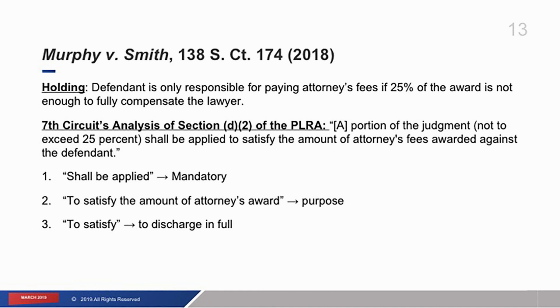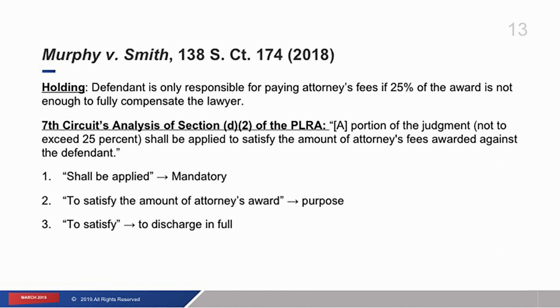The court reasoned that the specific statutory language of the statute supports the Seventh Circuit's interpretation for multiple reasons. The first reason is because of the mandatory phrase, "shall be applied." This phrase suggests that the district court has some non-discretionary duty. In other words, the court does not have the option to choose whether or not they perform. The second reason is because the "to satisfy the amount of attorney's fees awarded" phrase tells the purpose or aim of the "shall be applied" duty.